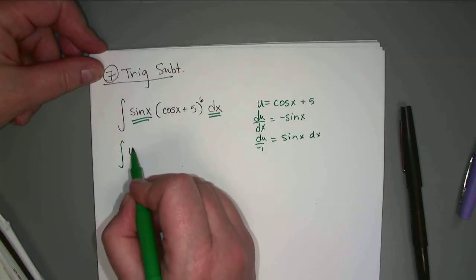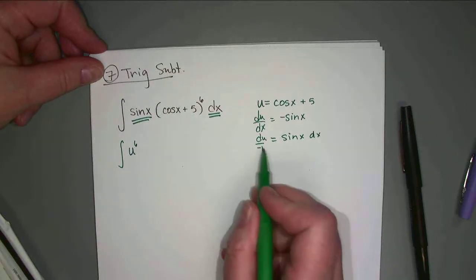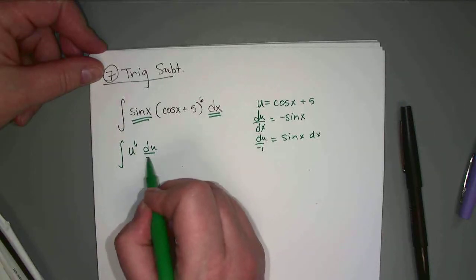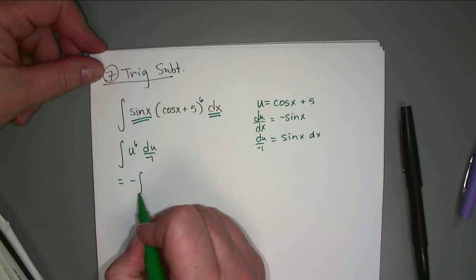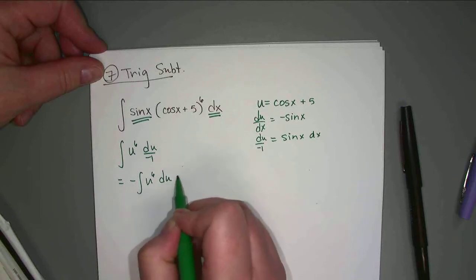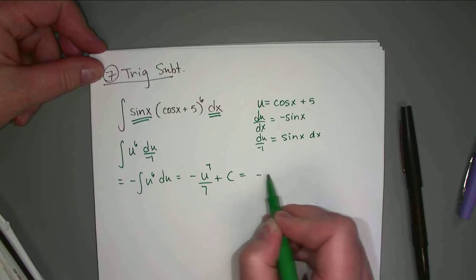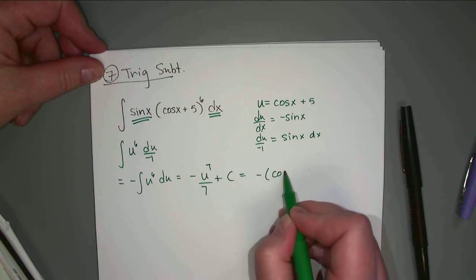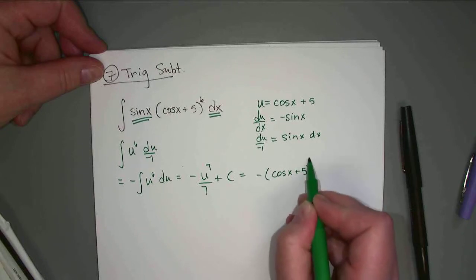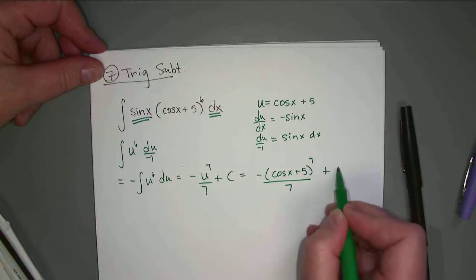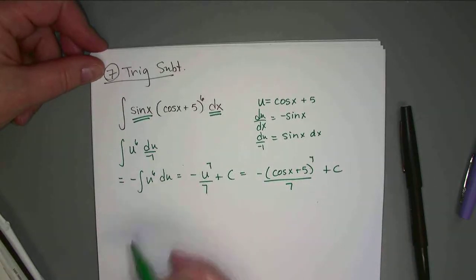So put your u in first, drop these off, du over negative 1. And that would be u to the 7 over 7, and put your u back in.